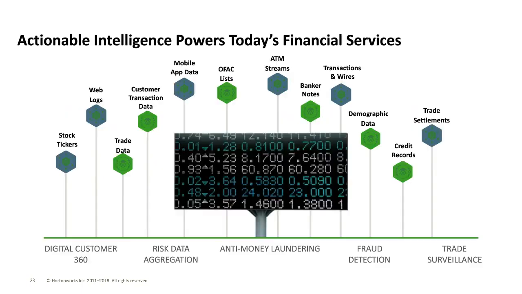Fantastic. So the other aspect is, if we look at financial services, quite a few areas of use cases that we see, whether it's from transactional systems, we've got quite a bit of customer data, or trading data as it comes to the capital markets industry, to being able to look for OFAC checking, being able to pull in ATM streams, looking at credit card fraud, looking at transactional data as it comes to wires and transfers, blending that also with credit information, to looking at web logs, to also looking at logs for certain types of transactional information pertaining to cyber threats, and really looking across both the customer interaction, risk data aggregation, looking at AML to fraud detection and trade surveillance.